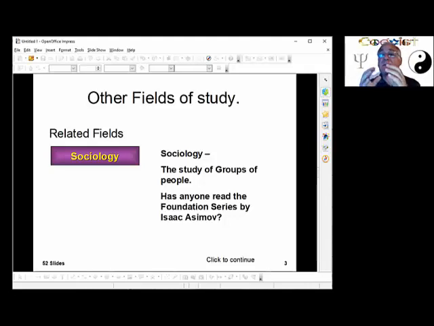We study the group to see how it affects one individual in the group. So that's the difference between sociology and psychology. Yes, we both study groups of people, but we as psychologists study them to find out how the group affects an individual in the group, whereas sociology studies the group as a whole and how the group works together.